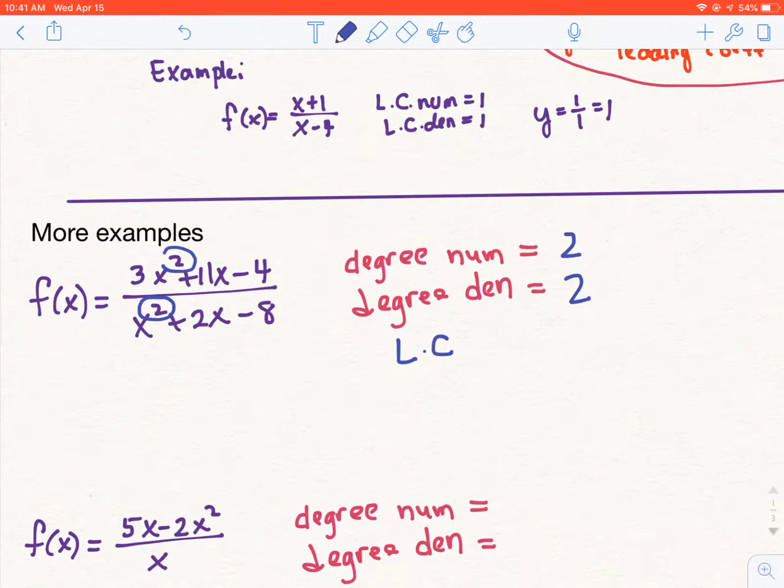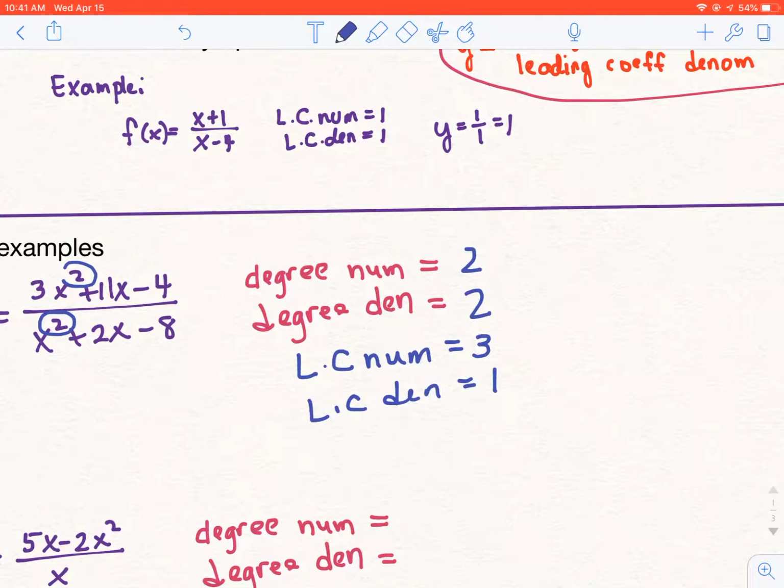The leading coefficient of the numerator is a 3, and the leading coefficient of the denominator is a 1. So my horizontal asymptote is y equals 3 over 1, which is just 3. And if you graph these, you'll notice that y equals 3 is the horizontal asymptote.